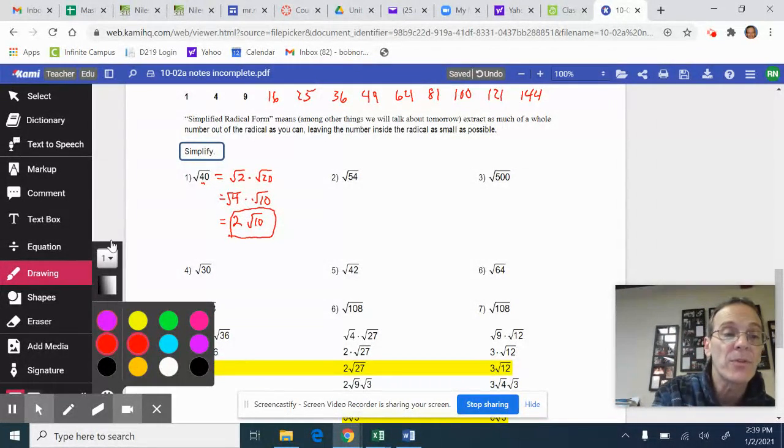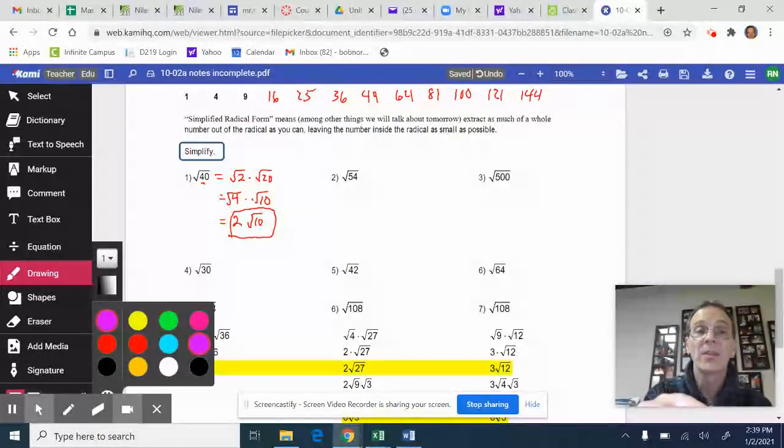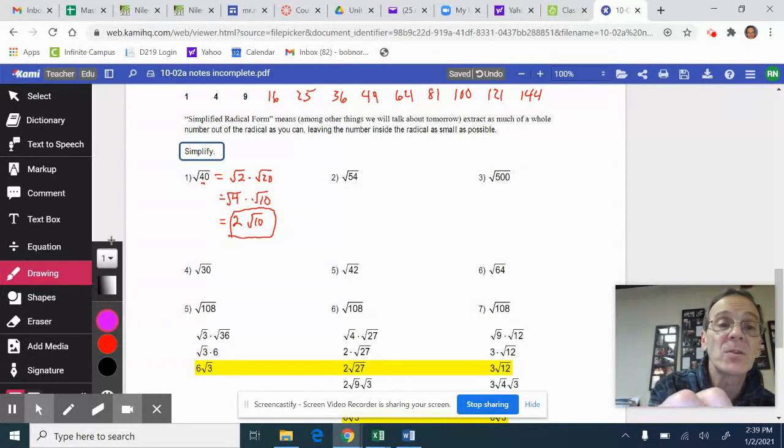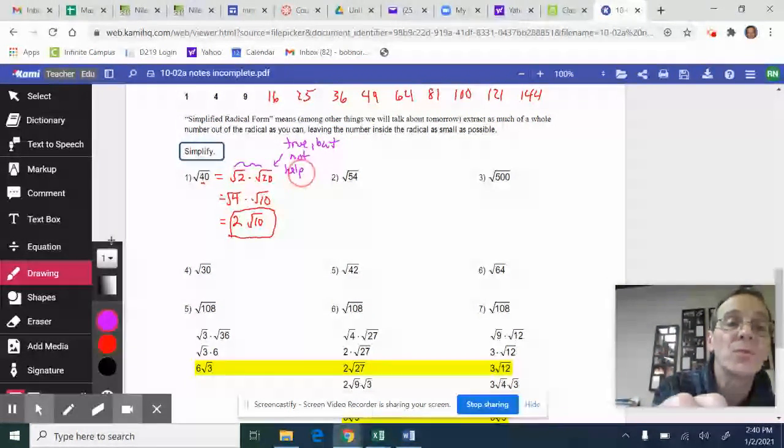Okay. Now there were 3 sets of factors of 40. There was the 2 times 20, the 4 times 10. Remember a moment ago we had the 5 times 8. As it turns out, though, this set of factors here, while it's true, it is not helpful to us in trying to simplify the square root of 40.